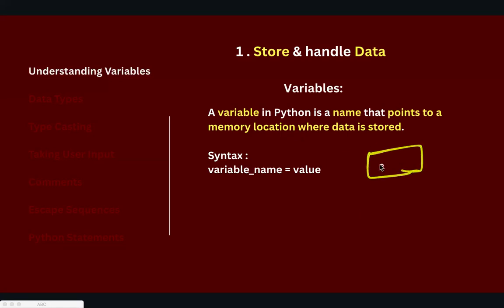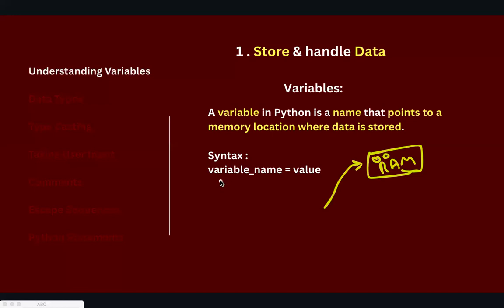data is stored. Here, memory is nothing but the RAM of your system, and here we'll be storing data via Python, and a variable is something that points to the memory location to access the data stored in that location.